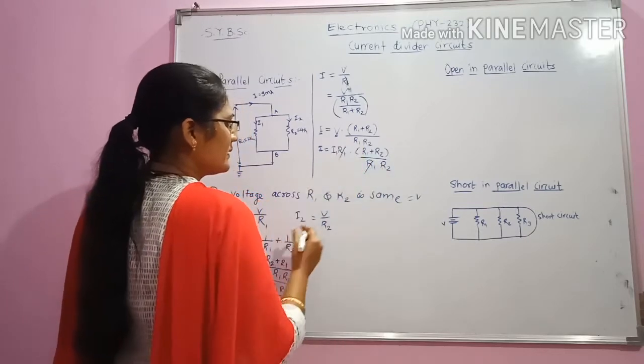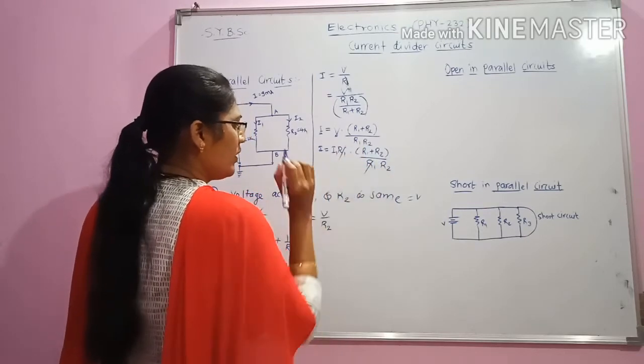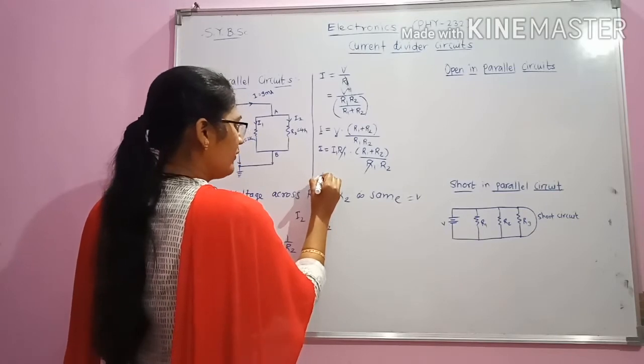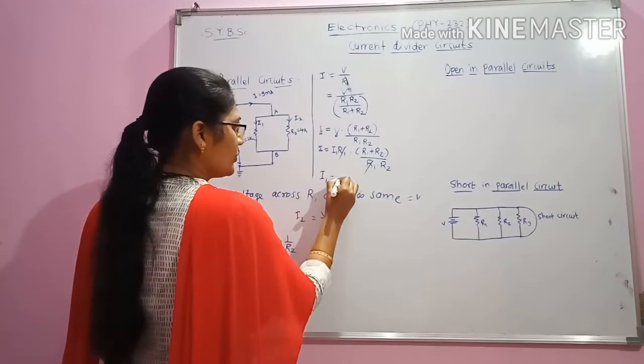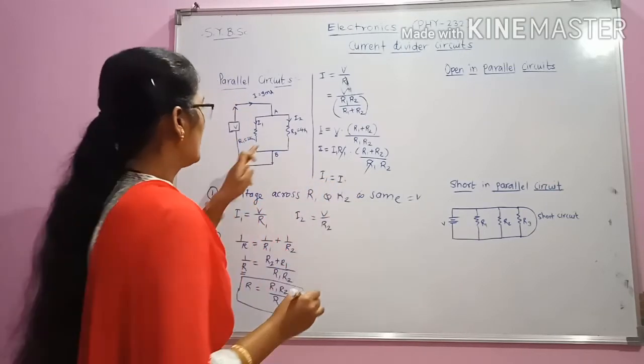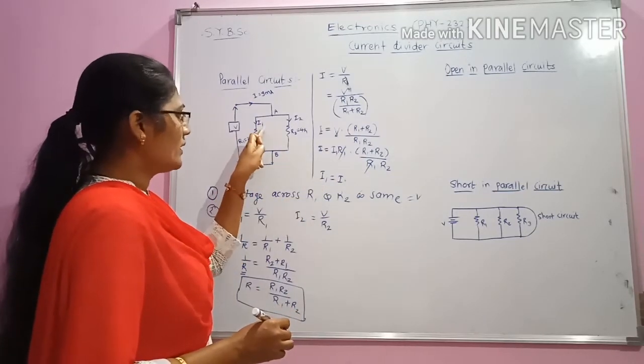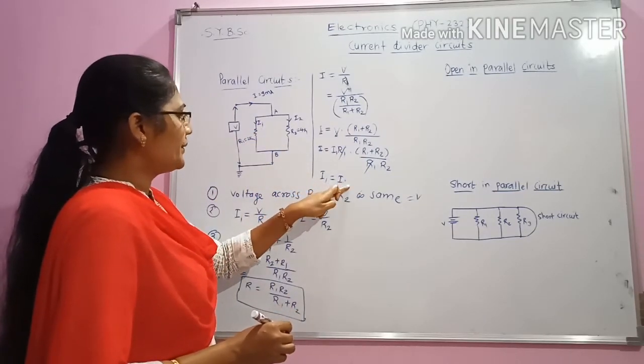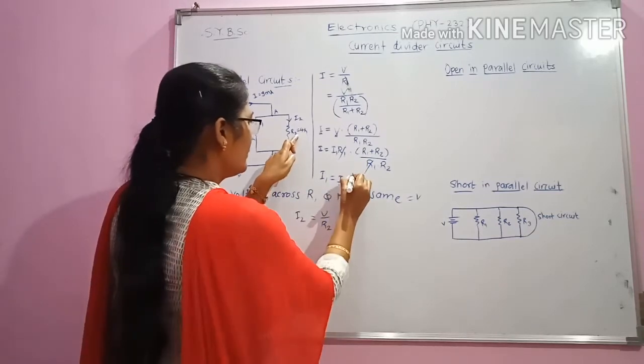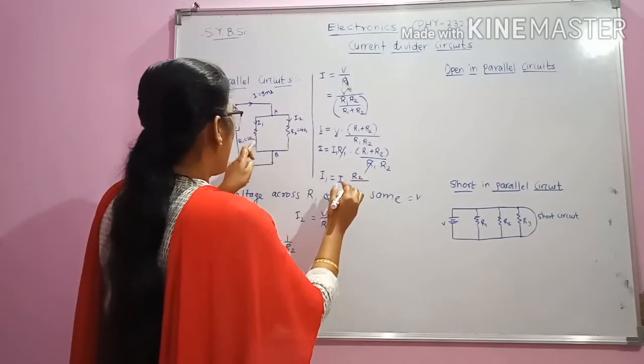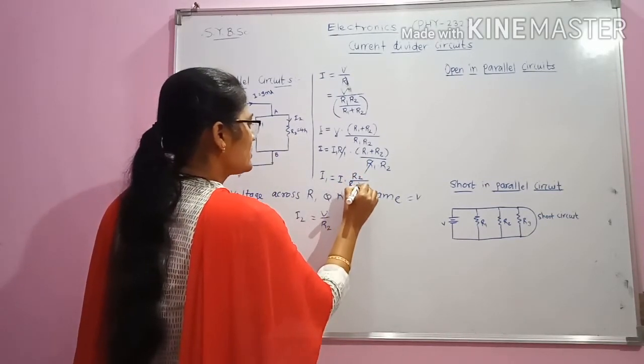R1 will get cancelled, and from this formula we obtain the value of I1 is equal to I into R2 divided by R1 plus R2.